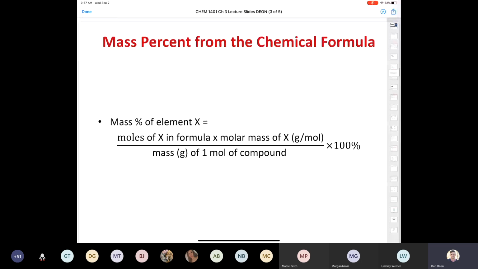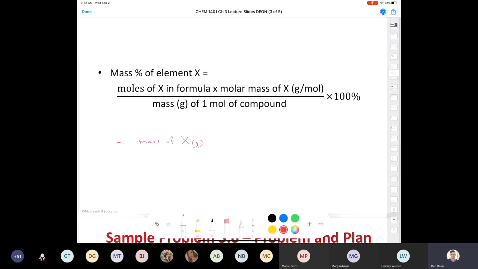The mass percentage of an element is the mass of element X in grams, divided by the mass of the compound, multiplied by 100%. That's simpler, right? Because here you're multiplying moles by grams per mole, so that cancels out, and you end up with grams over grams. Those cancel out, and then you multiply by 100%. Either way is fine.